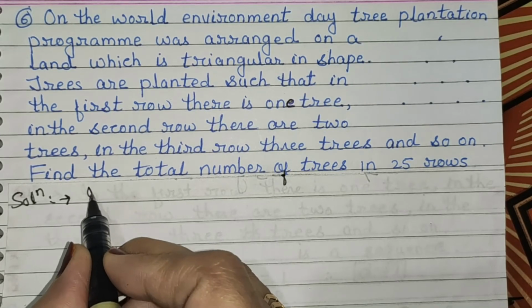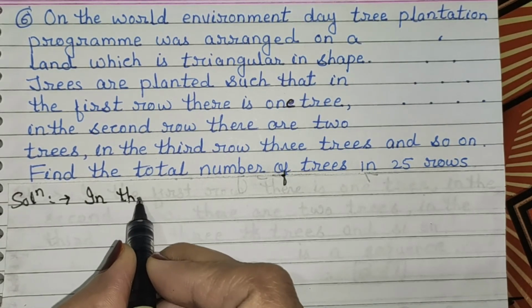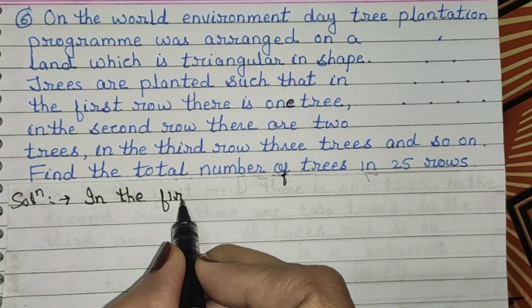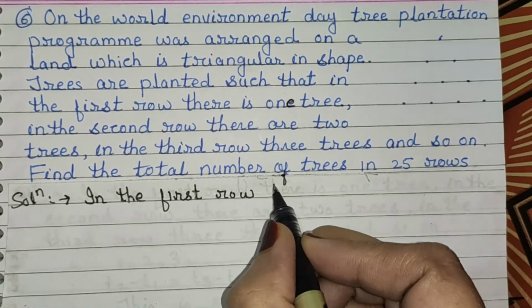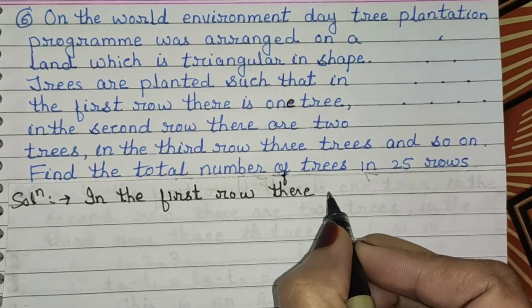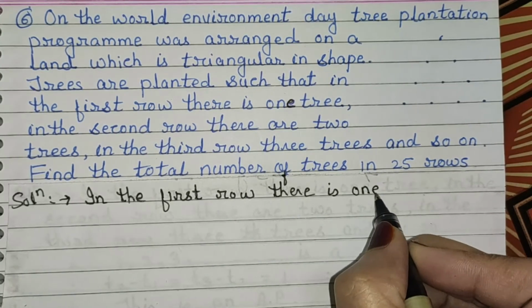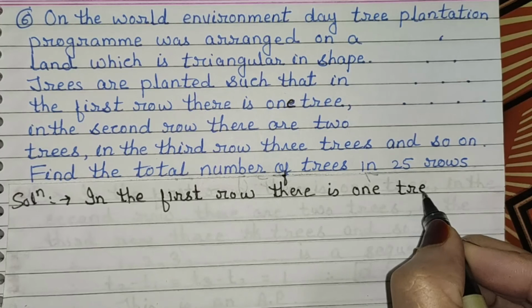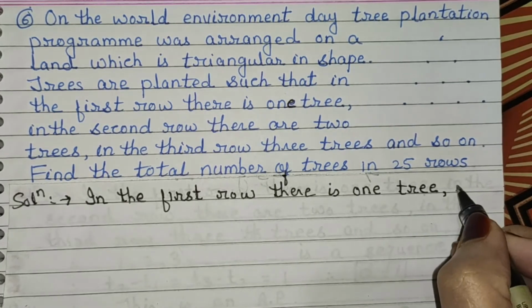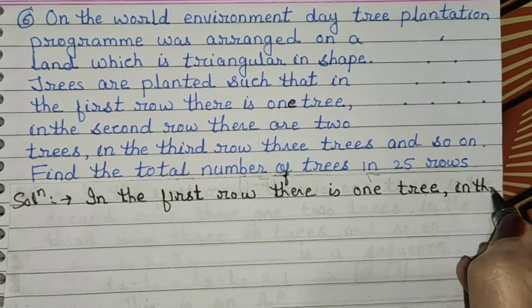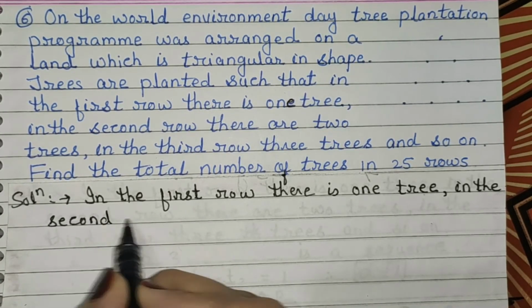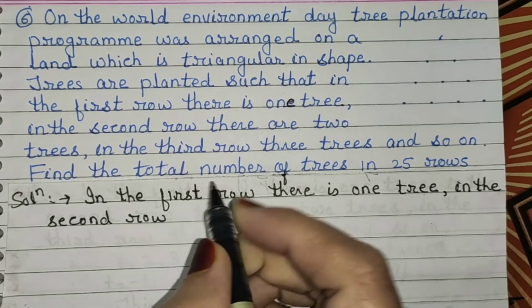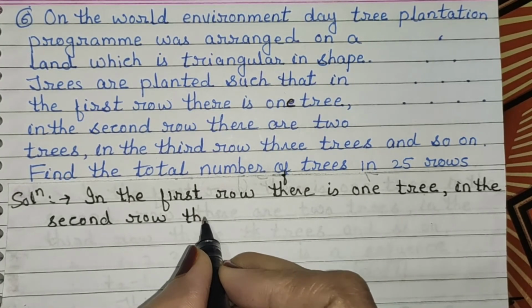In the first row it is given, in the first row there is one tree. In the second row there are 2 trees.